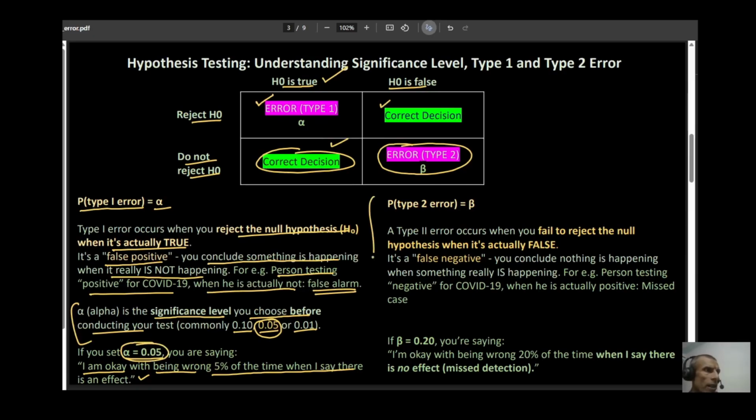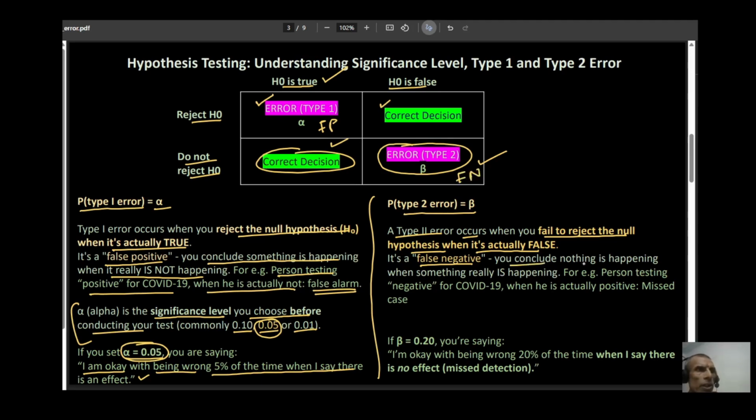Now, let's try to understand your type 2 error. The probability of type 2 error is denoted by beta. A type 2 error occurs when you fail to reject the null hypothesis when it is actually false. This one right here, this scenario. It's a false negative. So this is your false positive, FP, and this is your false negative, FN.